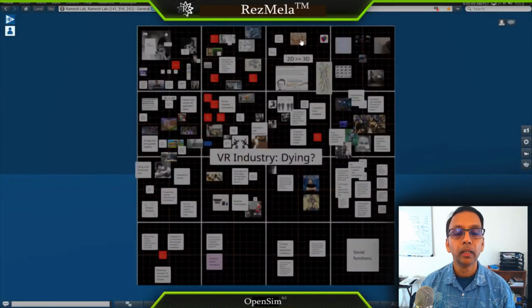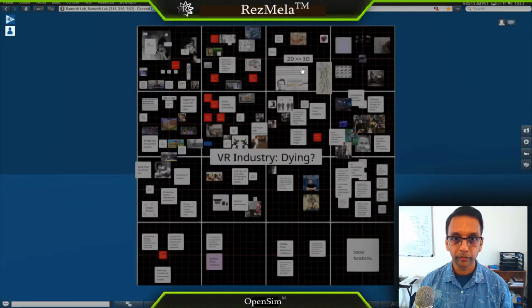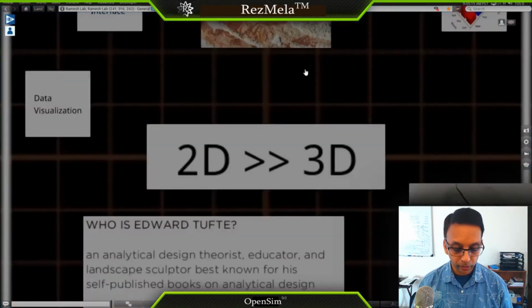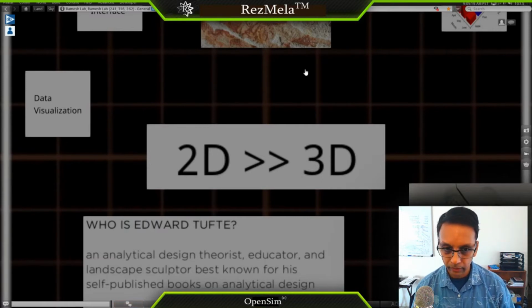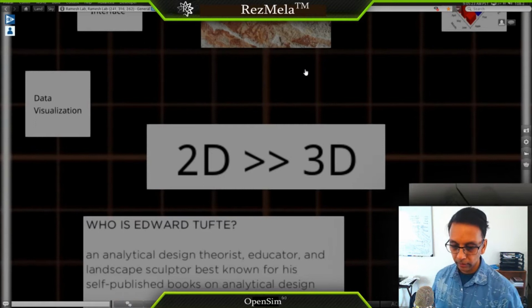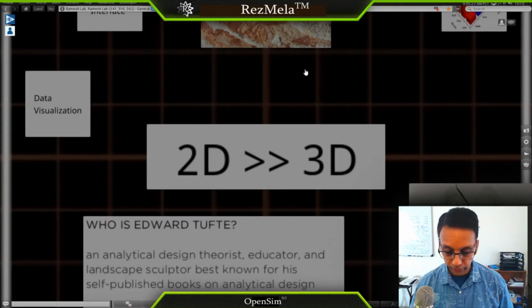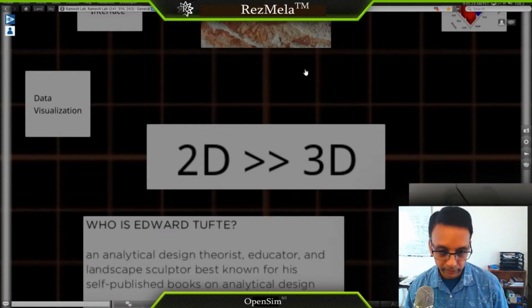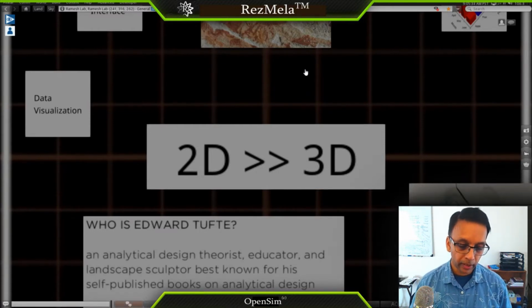Okay. And one of the other currently popular myths is that 3D is an evolution of 2D. That is, you've got things that are done in 2D, and you want to improve them by making them evolve into 3D.